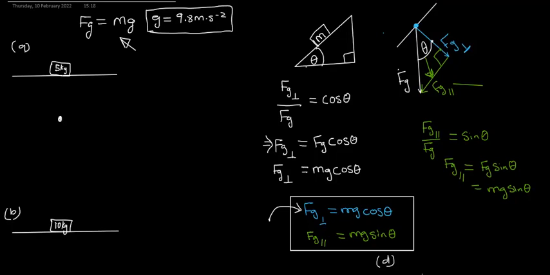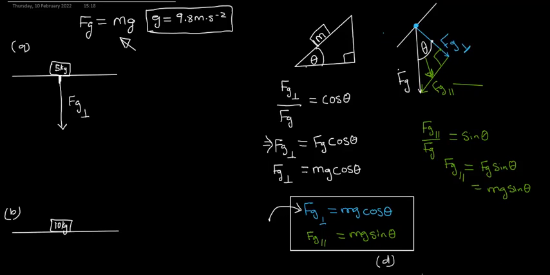So if that's the surface, then the force that is perpendicular to that, we always write perpendicular and downward. That is your Fg perpendicular.